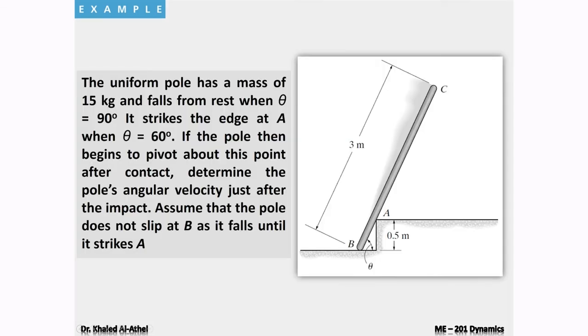That means, so this was 90 degrees, as you can see, and it begins to fall, so it's falling in this direction. Okay, and that's what we have in this problem. So this is the first part. Okay, and you have the weight acting downward. So this is the weight, which is the mass given to me as 15. So this is 15 times 9.81.